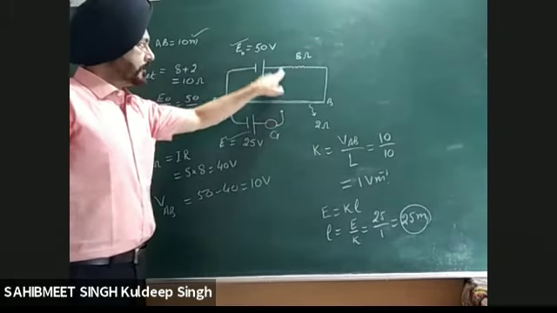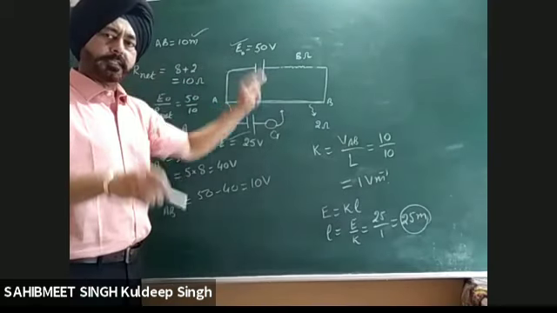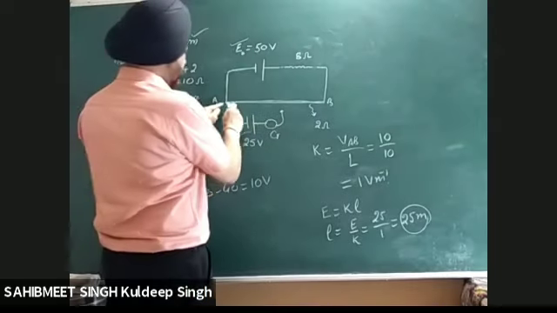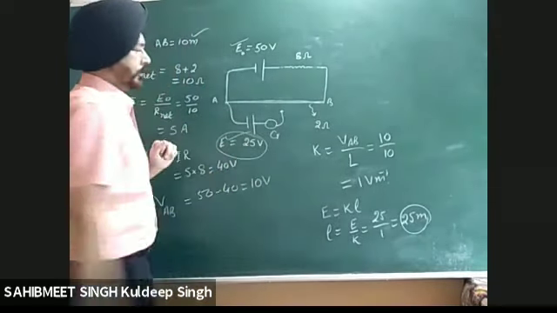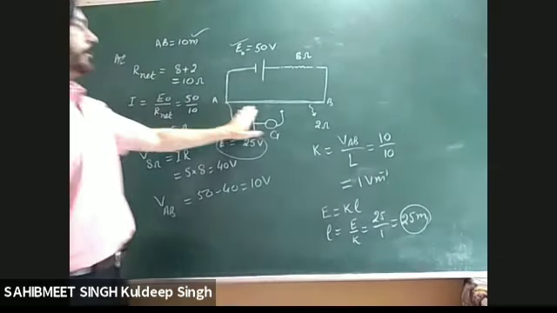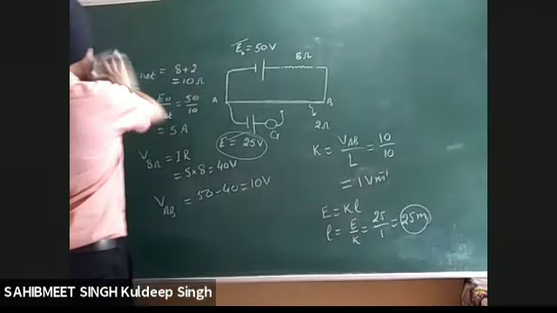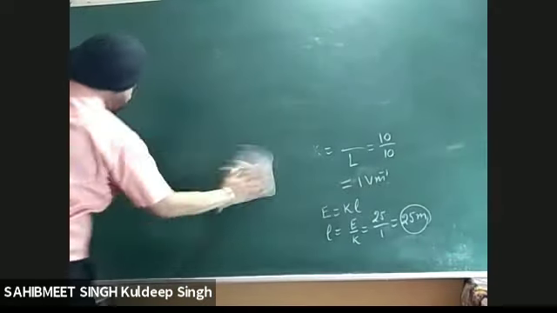But if some resistance is connected here, then you may not be able to satisfy the second condition. So for the second condition we should say that the potential difference across AB should be more than this. Only then you will be able to find the null point on the potentiometer wire. So this kind of problem you may find in some numerical. So numericals are very interesting.